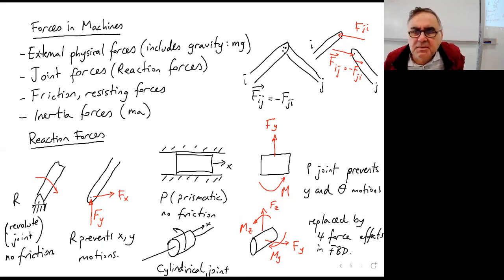And remember that our convention is Fij means force acting on J due to I.